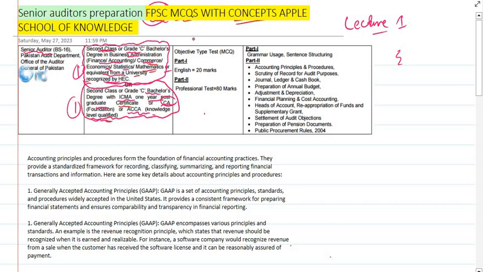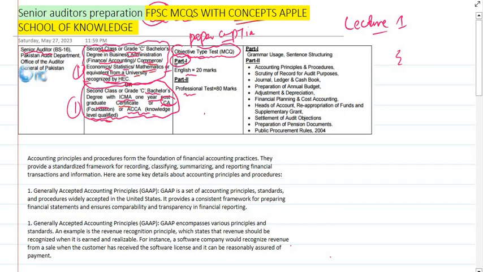Now let's talk about the paper pattern, that is, what the paper composition will be for this post. The paper composition is very simple. The paper will be objective type. You will be tested with MCQs, multiple choice questions. There are two parts. The first part is English and the second part is the professional test.